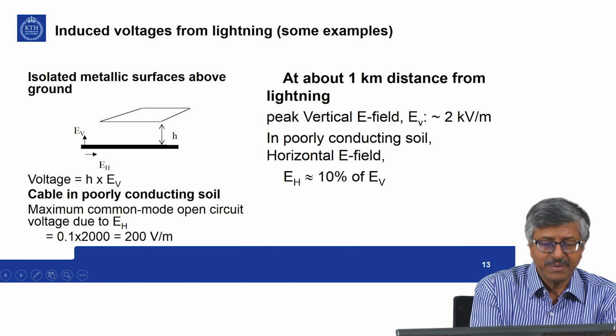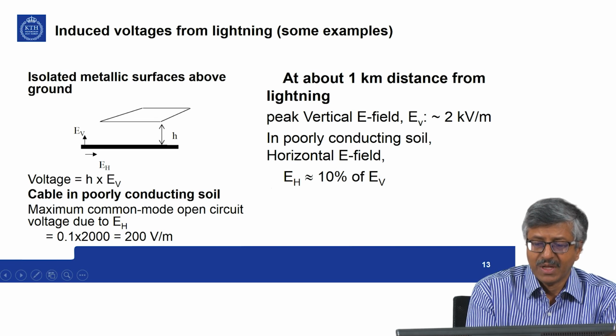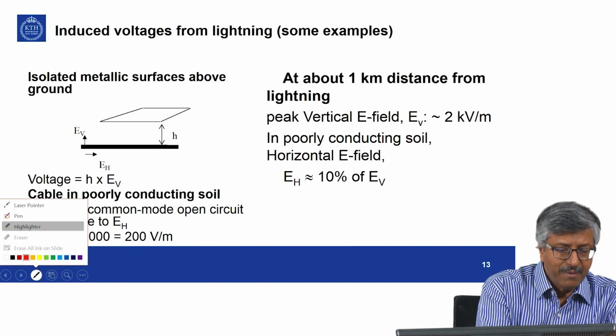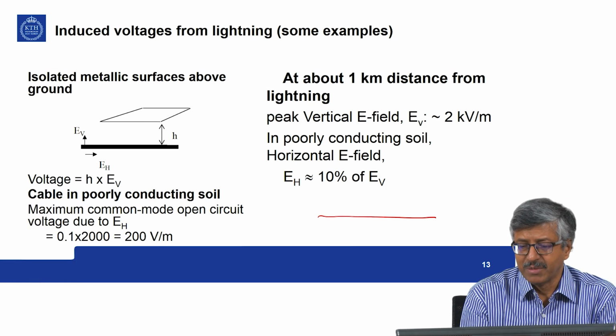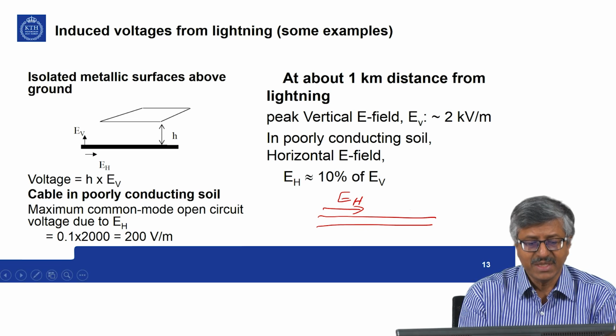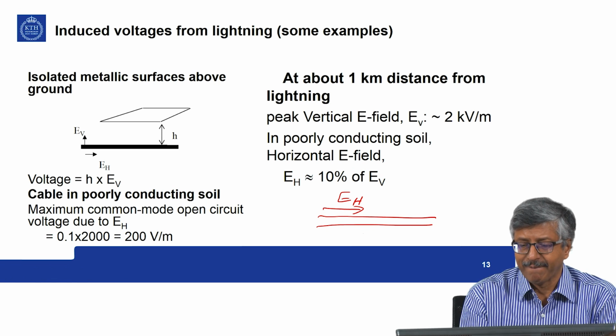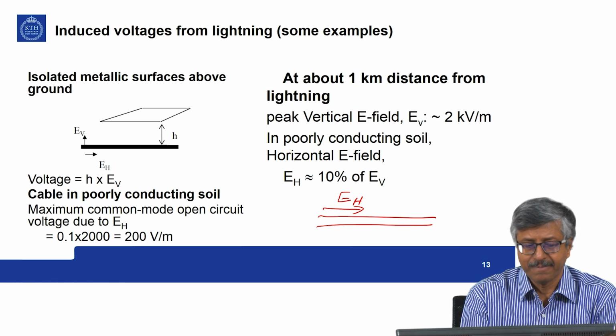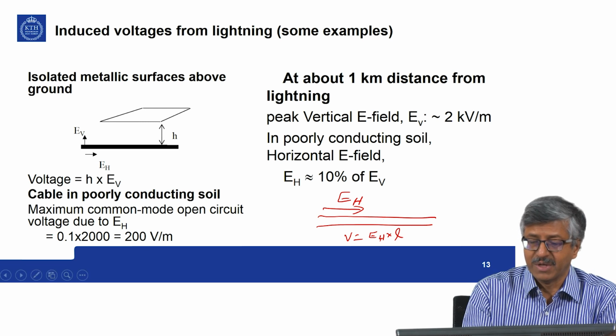So, if you have a cable that is being laid, you have a voltage. So, this is your cable and this is your EH. So, if you travel a certain distance, then the open circuit voltage that will be created will be this field times the length of the cable.